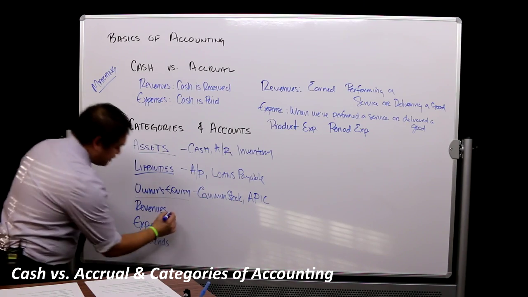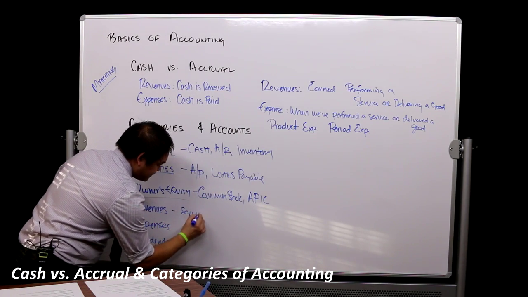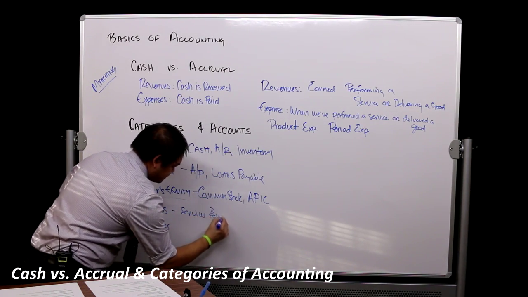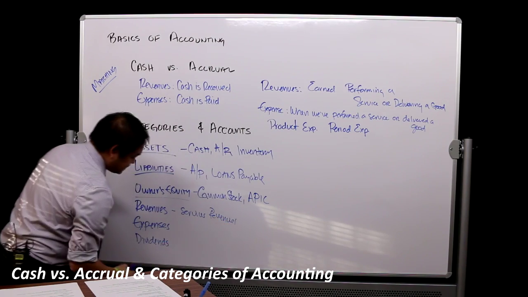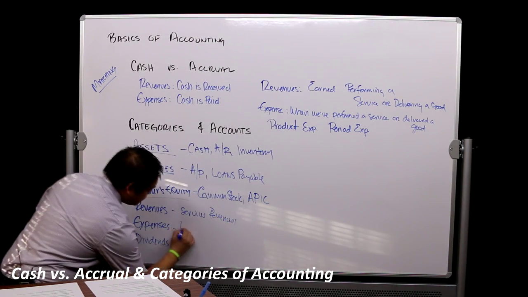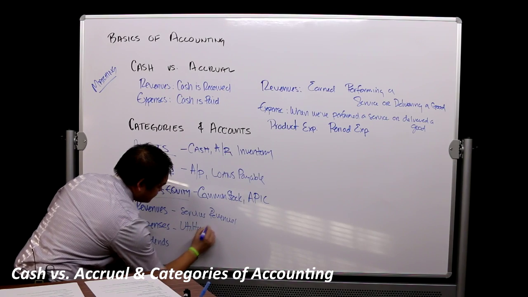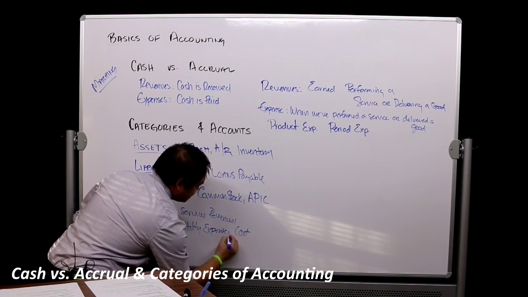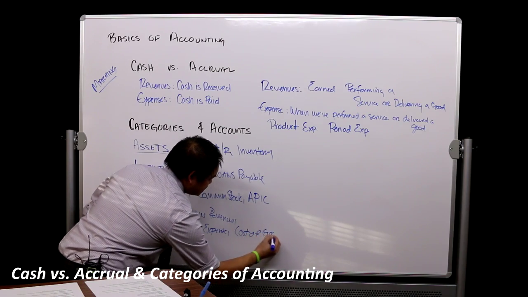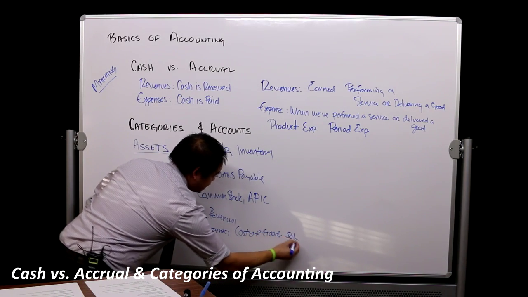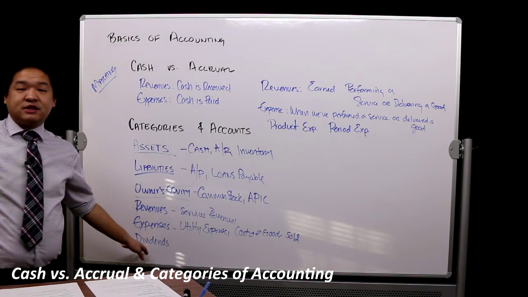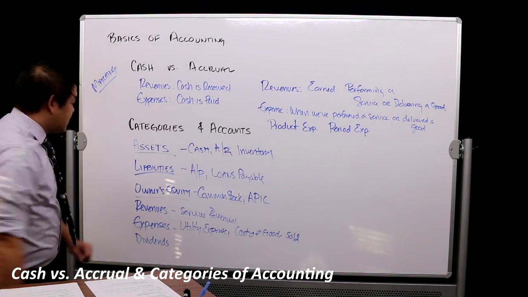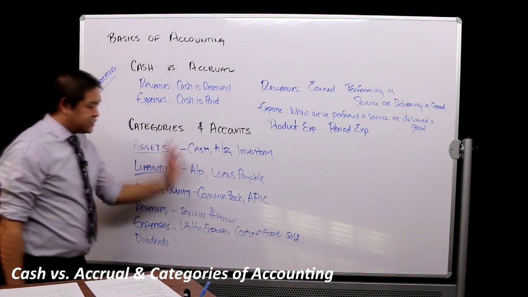And then revenues, we might have service revenues. Expenses, we might have utility expense, cost of goods sold. And then dividends are typically just dividends themselves. So those are categories, those are accounts.